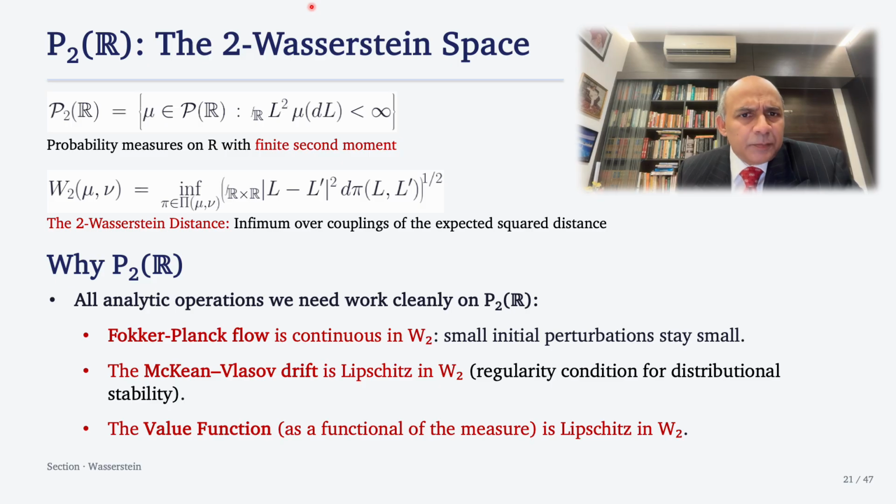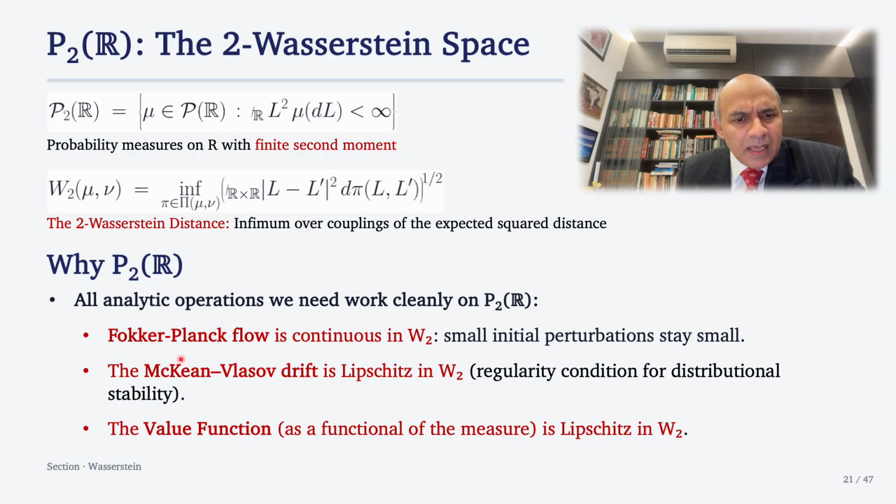P2 of R is the space of Borel probability measures on the real line with finite second moment. It's a Polish space when equipped with the 2-Wasserstein metric. The Otto-Villani formal Riemannian structure makes it a non-smooth Riemannian manifold. Why is P2(R), the Wasserstein space, the right space for us?